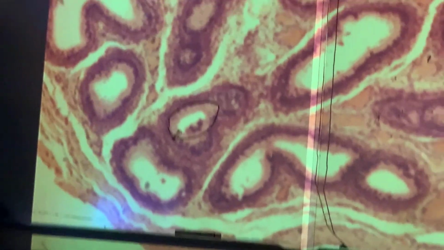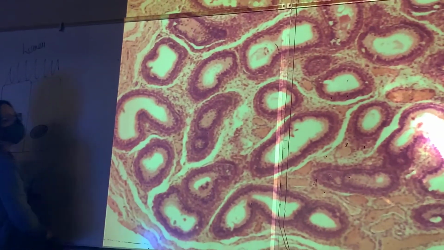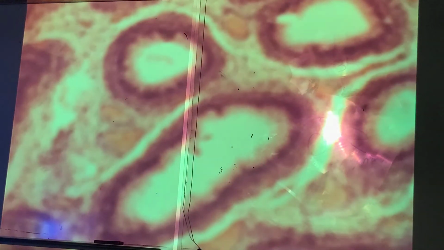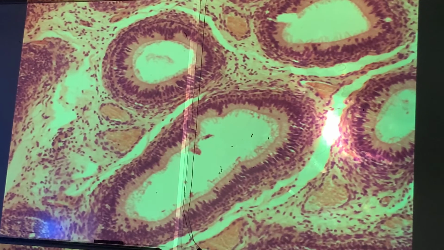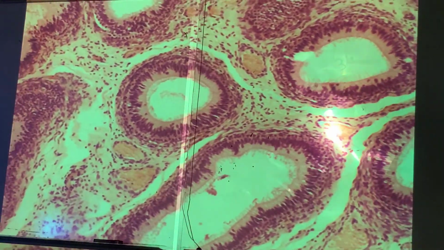So we'll magnify this like we did the testes. We'll take it up to 40x. So first to 10x. And again, now you can actually start to see the nuclei in there.